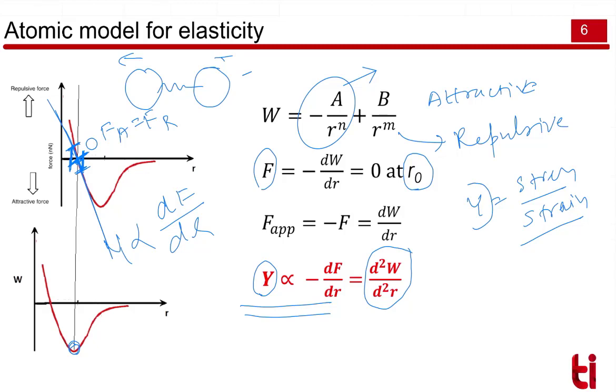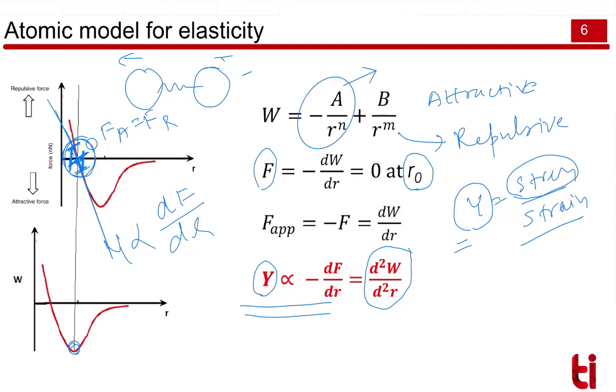So the change in bond length and the change in force can be seen from this curve. We call the ratio of these Young's modulus. So as a summary, we can say the modulus depends upon the bond strength of the material.